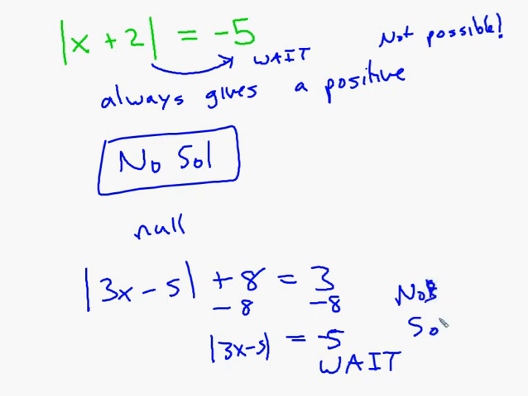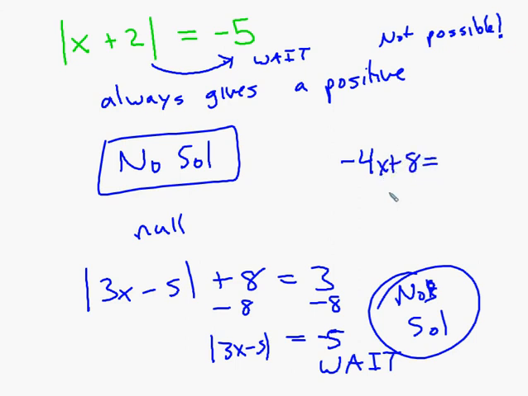No solution. But on the other side, could you have negative 4x plus 8 and still solve it? Absolute value on the other side, like this? It doesn't matter which side. Yeah, now I need to solve it because I have an x right there, and I don't know what that x is. That's why ultimately I do end up rejecting an answer of some sort, because I can't have a negative here.